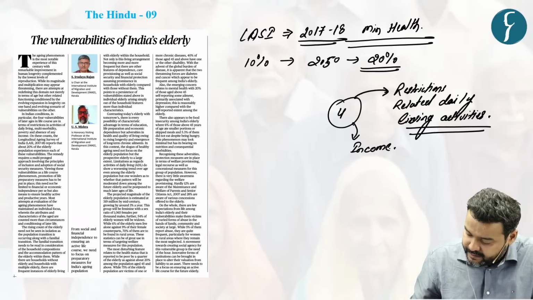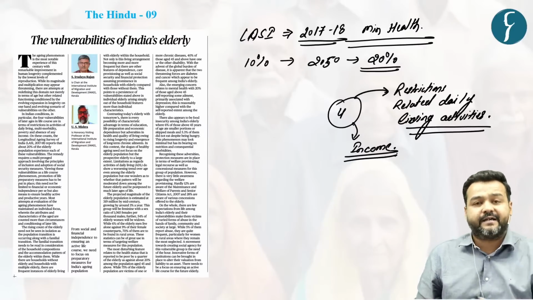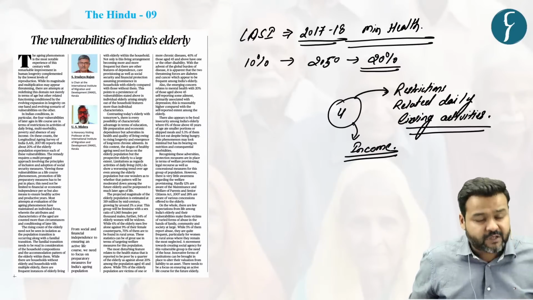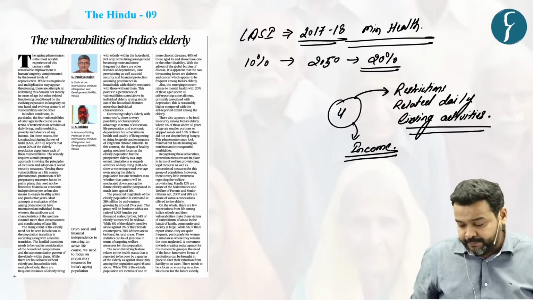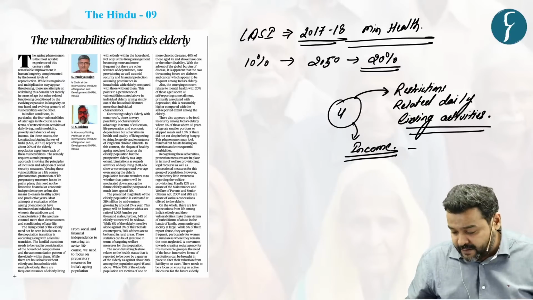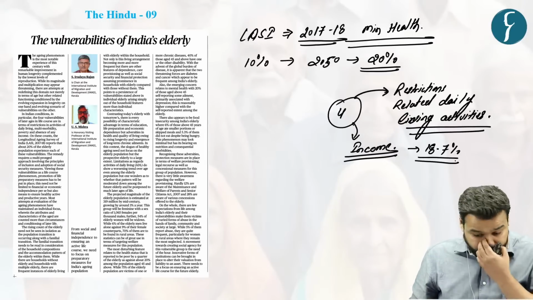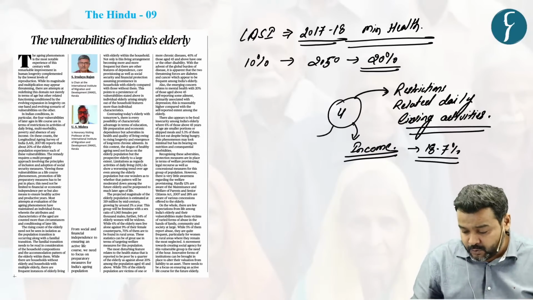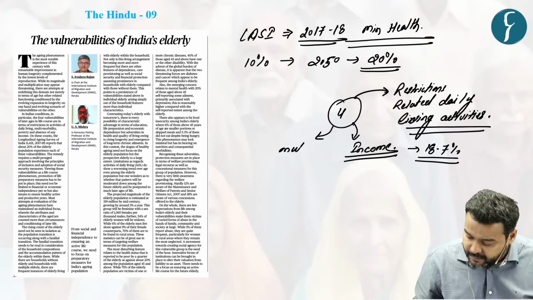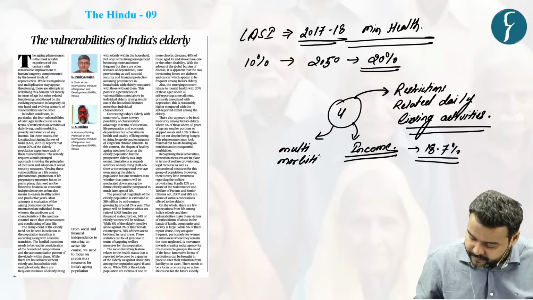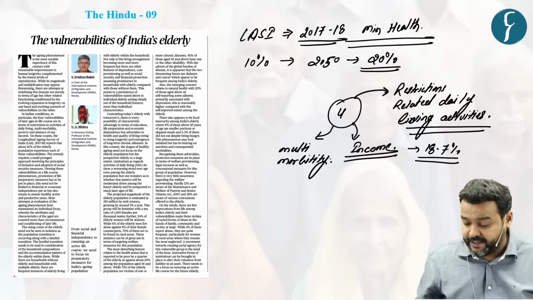Practically, the income source get diminished, and most of the poor in India, around 18.7% of them, are practically having no income at all. While another issue they have highlighted is the multi-morbidity in the old age.